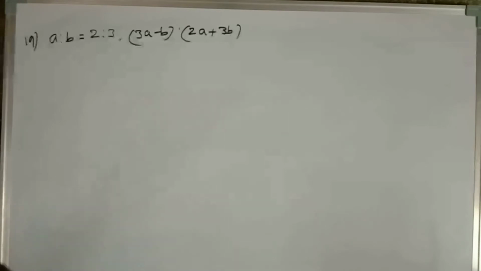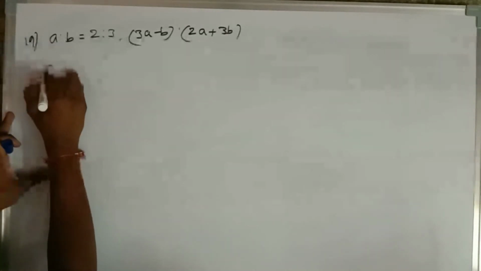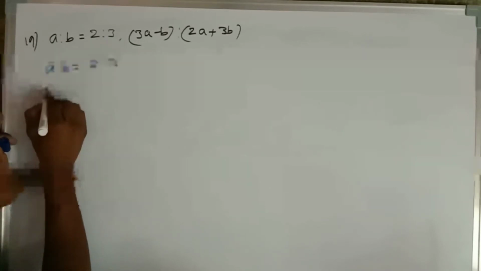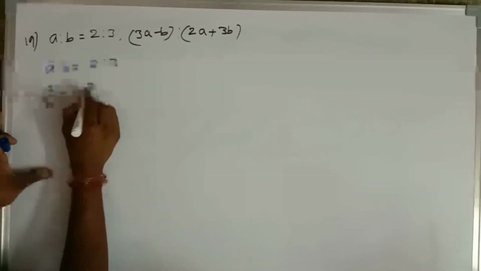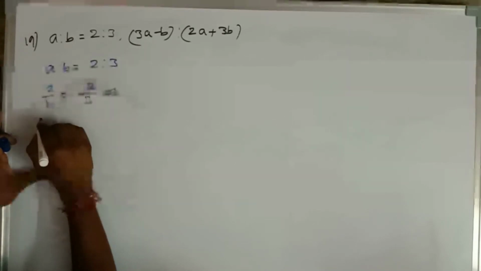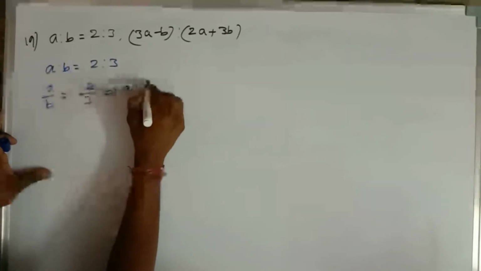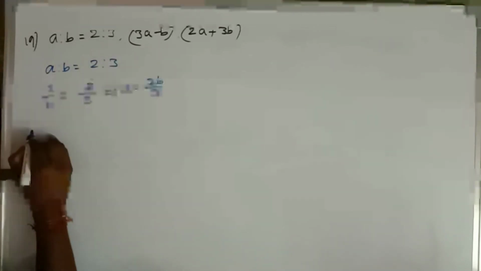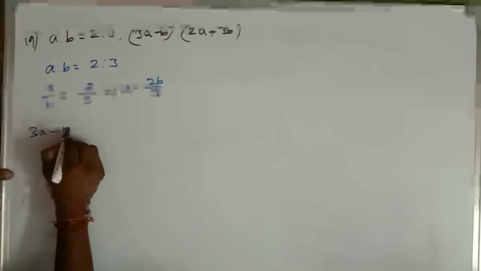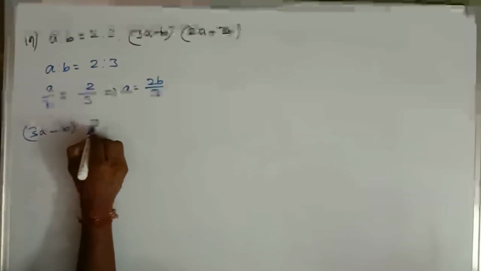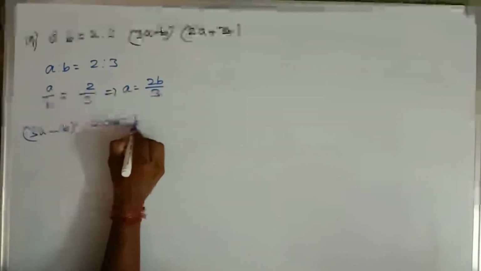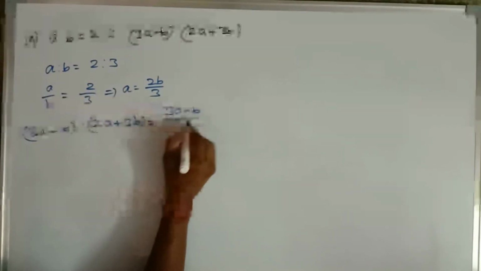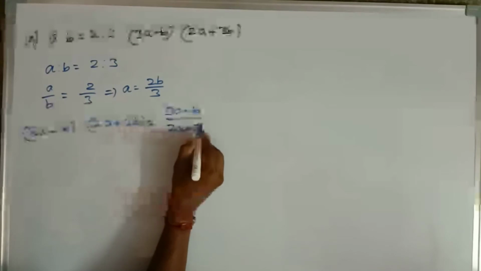So here first I am taking A is to B. A is to B is equal to 2 is to 3. Now A by B is equal to 2 by 3. Then that implies I am doing the cross multiplication. A is equal to 2B by 3. Wherever A value is there, I am going to substitute this value. So I am taking that is 3A minus B is to 2A plus 3B is equal to 3A minus B by 2A plus 3B.